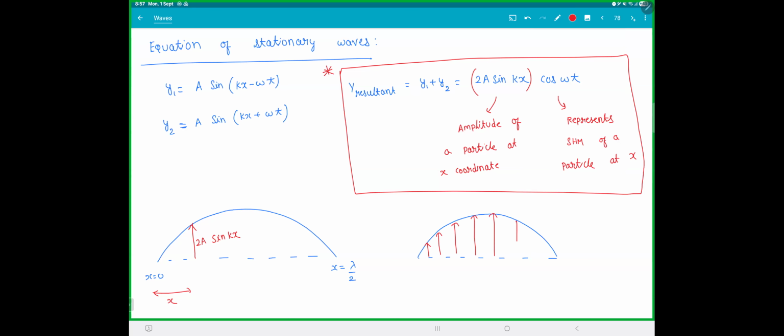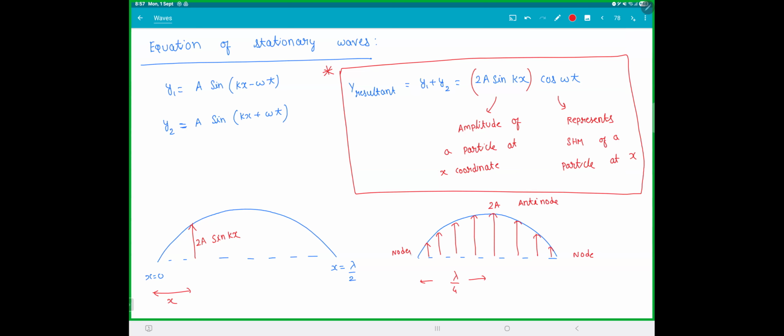And there you can see different particles. That means the particle at x will never exceed 2a sine kx. This will go to maximum 2a. This will occur at a distance of lambda by 4. That's your antinode. These are your nodes. They will never move.